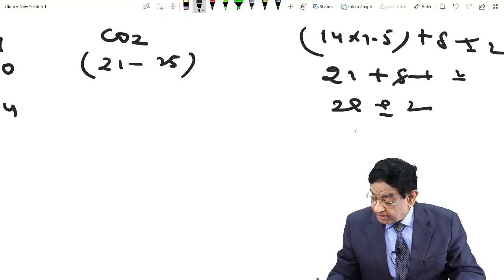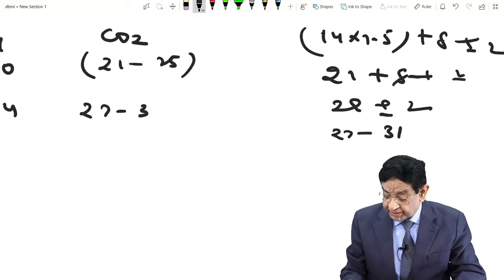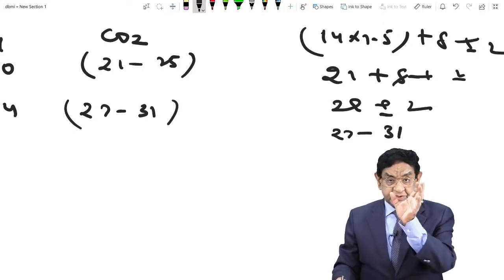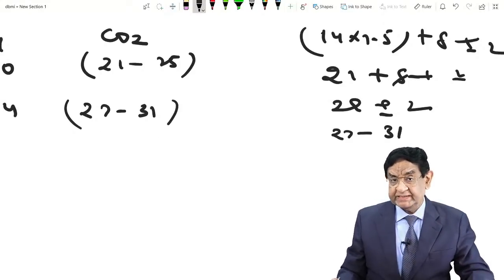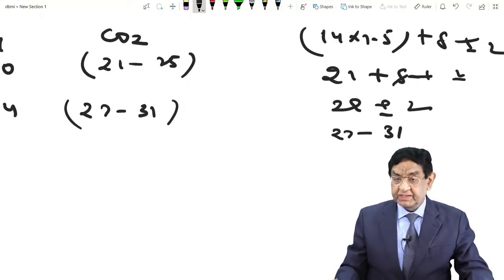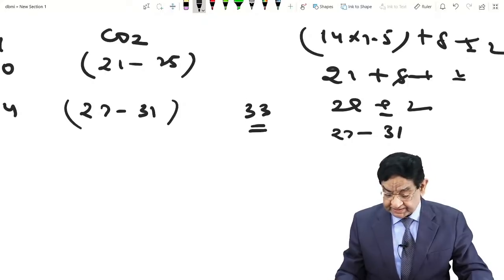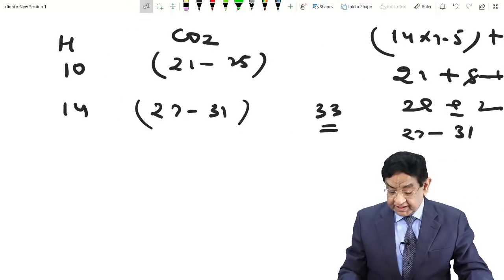So this comes out to be 27 to 31. If the CO2 is in this range, we call it adequately compensated. But if it is above that, suppose in this case you get a CO2 of 33, we still call it respiratory acidosis. Right? Understood?